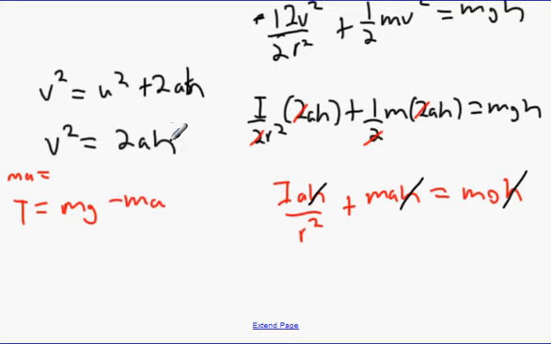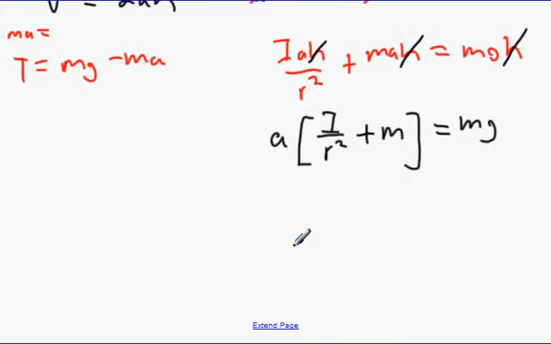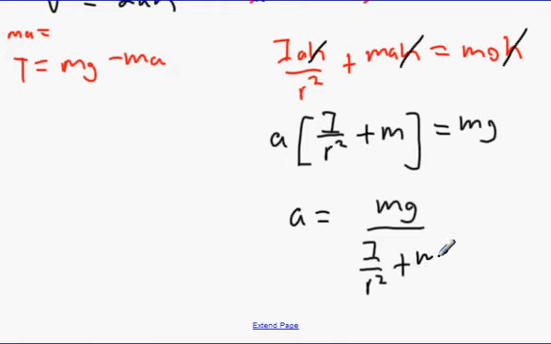Now that I've done that, let's isolate a on its own. It's going to be a times bracket 1 over I over r squared plus m equals mg. A therefore is mg divided by I over r squared plus m.